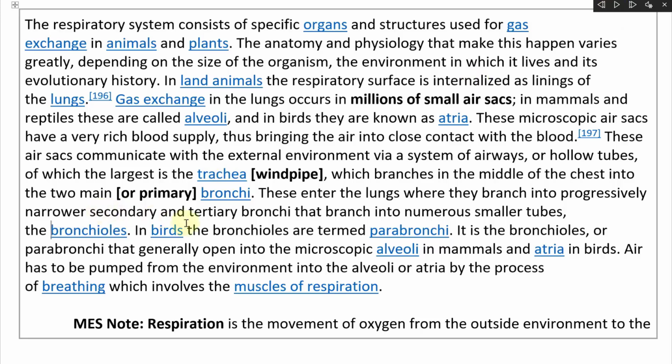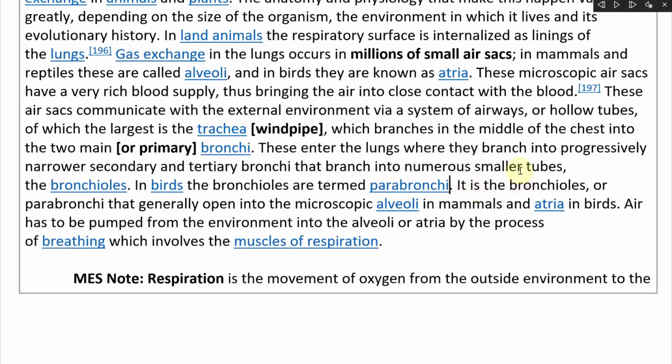In birds, the bronchioles are termed parabronchi. It is the bronchioles or parabronchi that generally open into the microscopic alveoli in mammals and atria in birds.